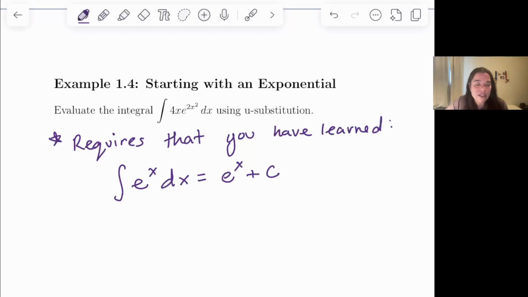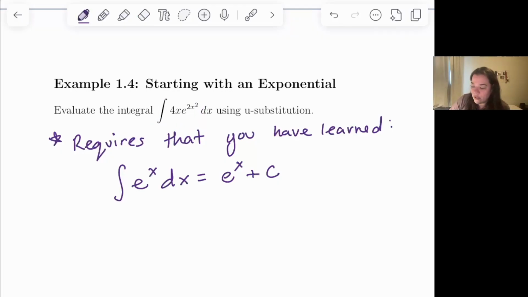Most students actually learn this in differential calculus, right? Think about it going backwards. What is the derivative of e to the x plus c? The derivative of e to the x plus c is just e to the x. But you need to have learned this before you can proceed with this problem up above here.